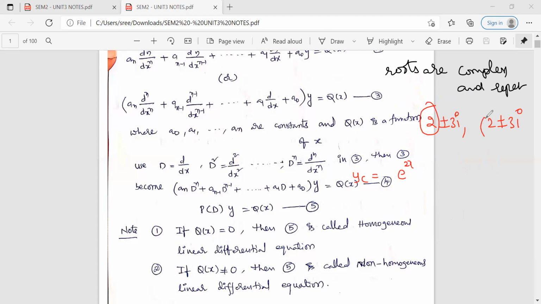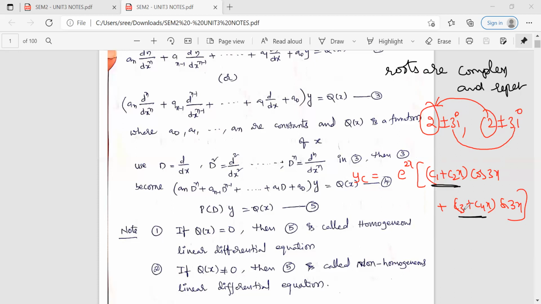Here in both cases we have 2 as the real part. Then the imaginary part is repeated 2 times. So I write C1 plus C2x into cos 3x plus C3 plus C4x into sin 3x. We mention the repeated part in the constants' place. Okay. These are the 4 types of solutions.